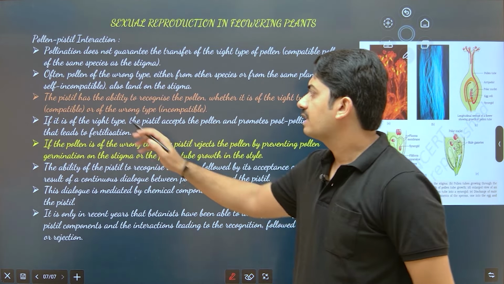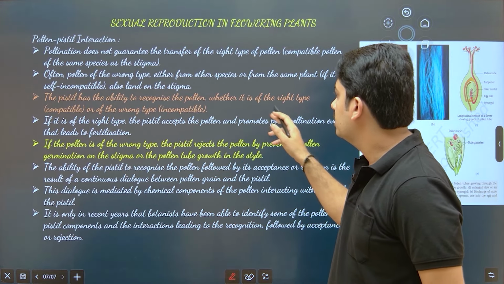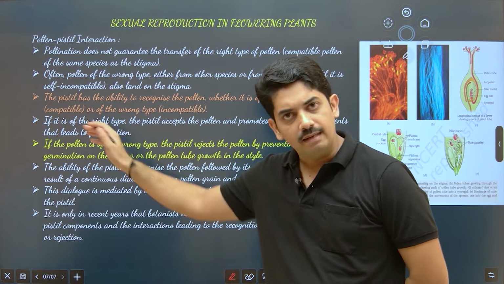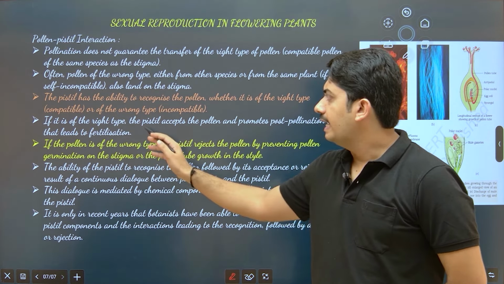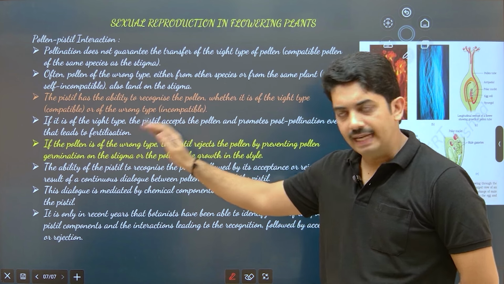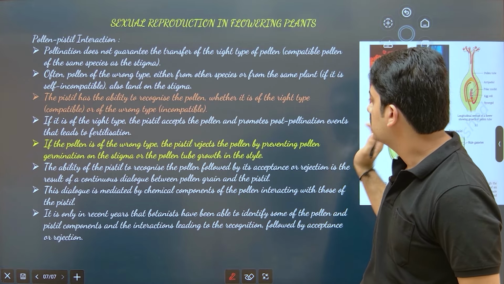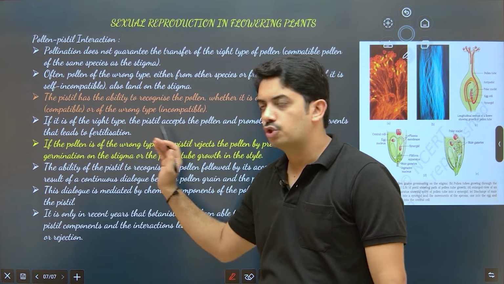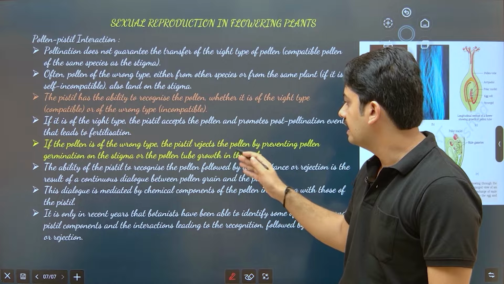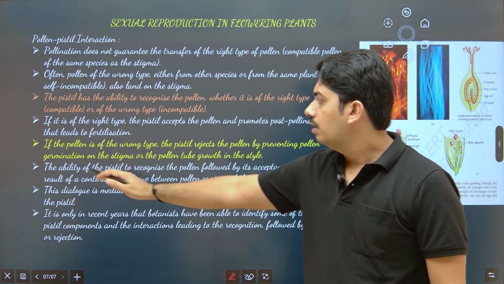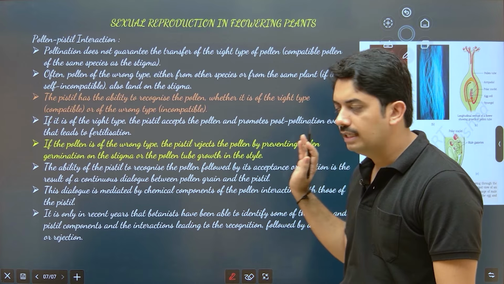So at that time, the pistil has the ability to recognize the pollen, whether it is of the right type, or you can say compatible type, or the wrong type. If it is the right type, the pistil accepts the pollen and promotes the post-pollination events that end in fertilization. If the pollen is of the wrong type, the pistil rejects the pollen by preventing pollen germination on the stigma or pollen tube growth in the style.